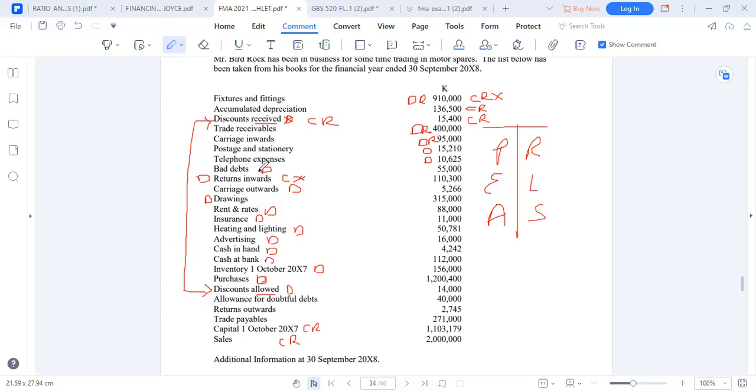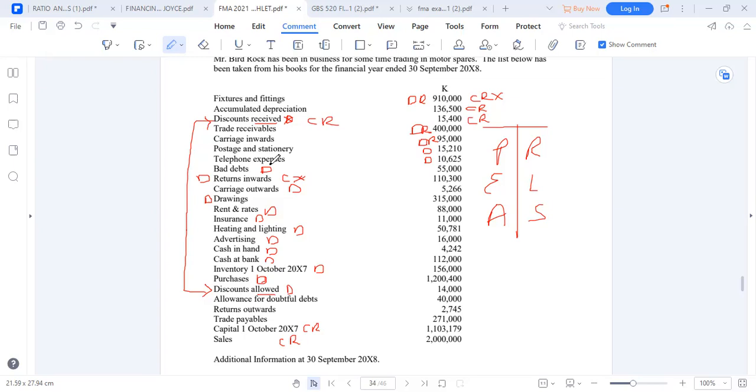So what is carriage in? It's simply the cost of transportation. If you go to buy cement for a business and use your own transport, buying at 90 kwacha with transport of 10 kwacha per bag, you add the carriage to the bag so that you put it at 100 kwacha.